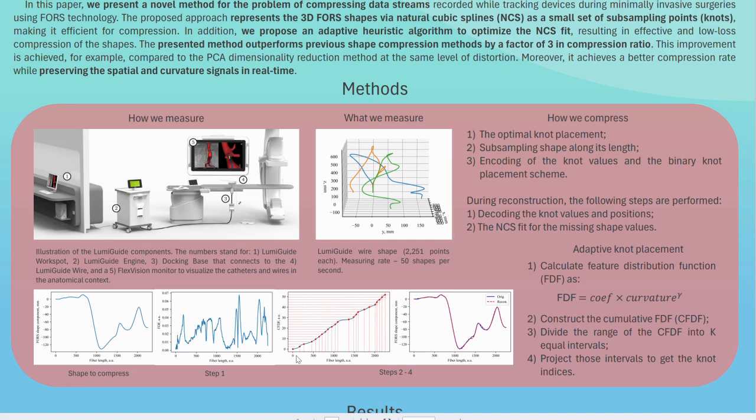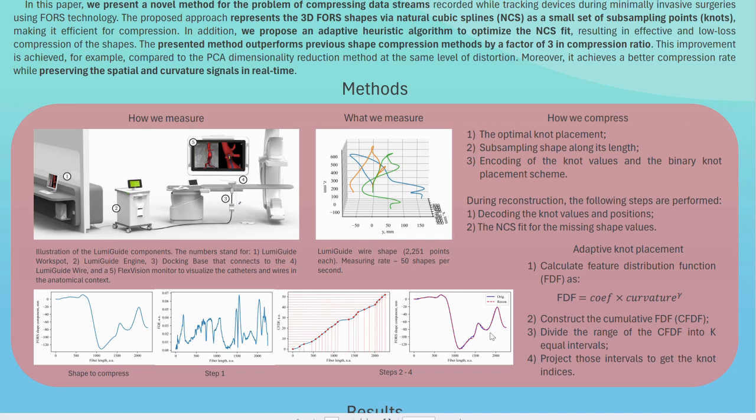Then we calculate cumulative feature function, so cumulative curvature, and considering that every knot interval must contain the same amount of geometric information, we subdivide the fiber length into those knot intervals, and it results in a nice spline fit.